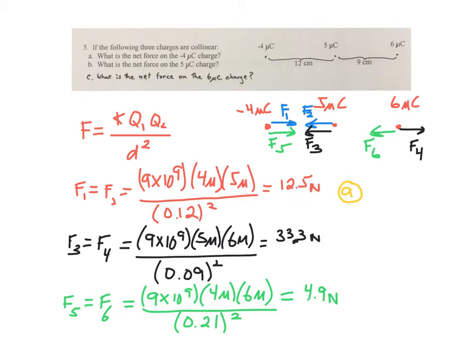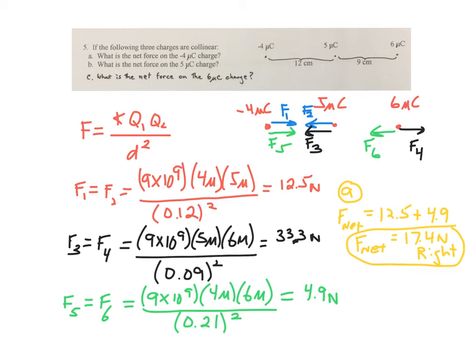So F net equals F sub 1, which is 12.5 newtons, plus 4.9 newtons. F net on the -4 microcoulomb charge is 17.4 newtons, and that is to the right. So that's my answer for the net force on that charge.